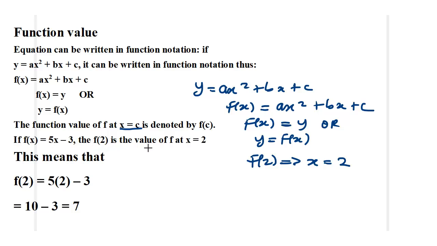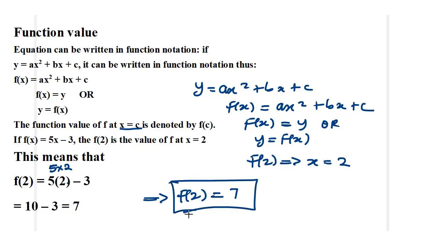So f of 2 will be 5 times bracket 2 minus 3, because wherever we have x, we replace it with 2. 5 times 2 is 10, and 10 minus 3 gives us 7. So this implies that f of 2 is equal to 7. So that is that.